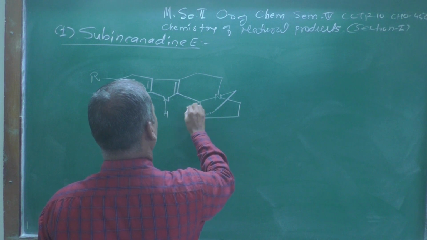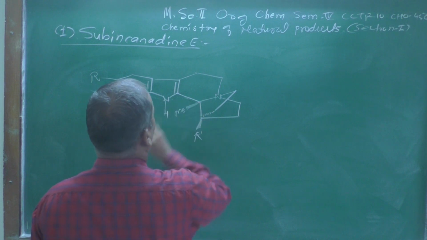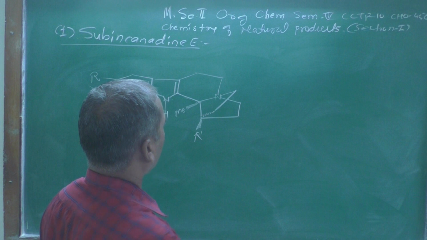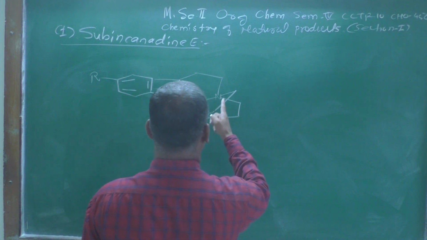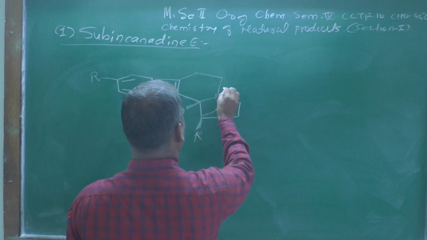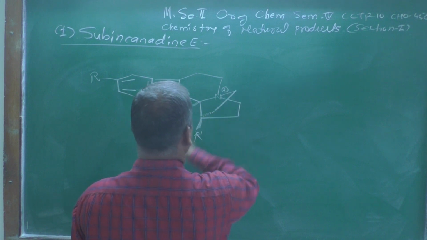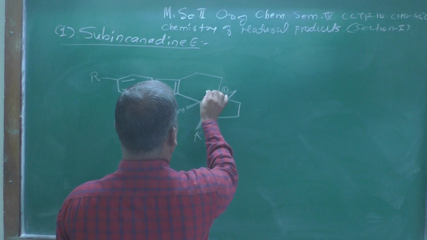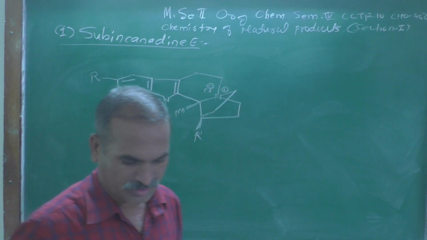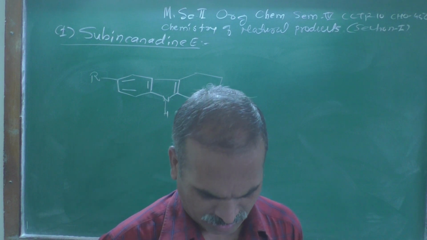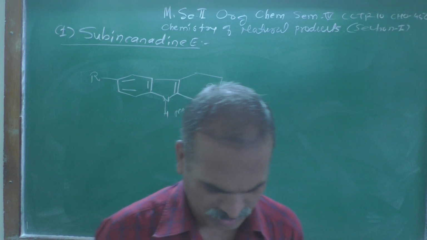That methyl group also goes above the plane, and look at this nitrogen atom. The nitrogen atom has 4 valency, therefore a positive charge comes on it, and here you can write a chloride ion, so that kind of salt may be present over there.